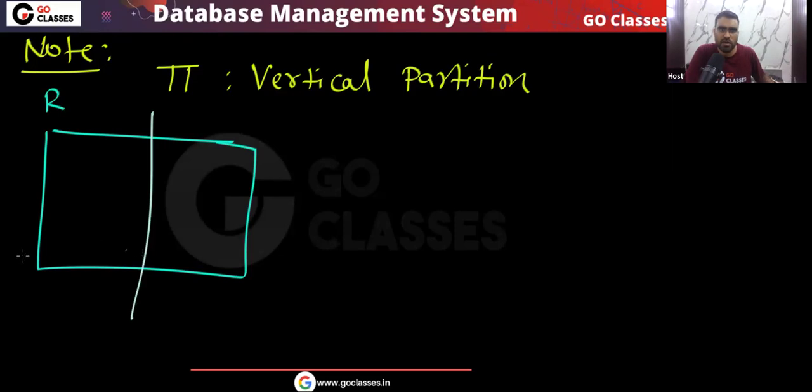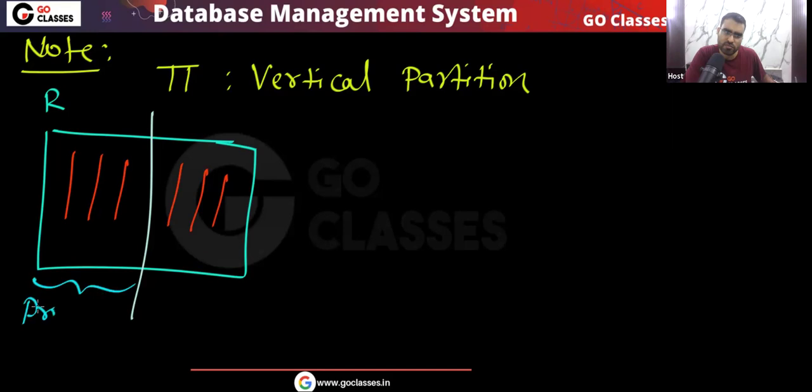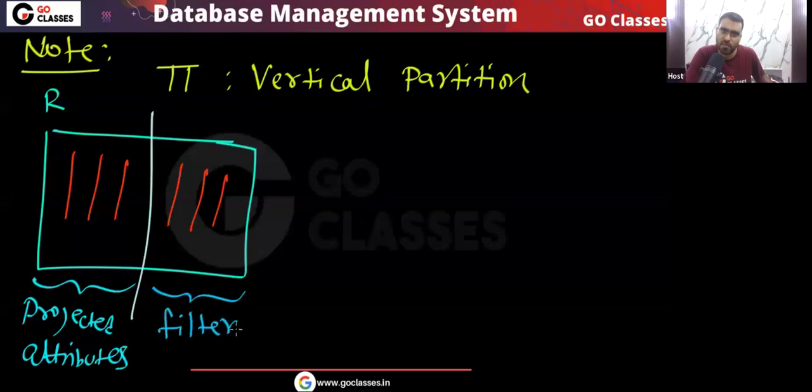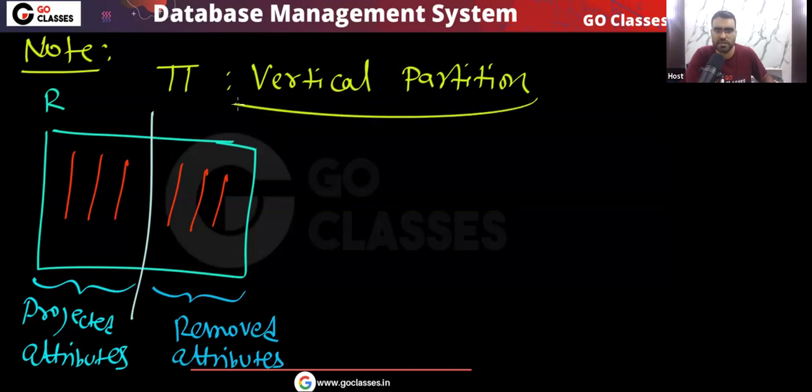These are the projected attributes, and these are the filtered out ones, or I can say the removed ones. So very simple. I can say that this projection is basically a vertical partition of the table.